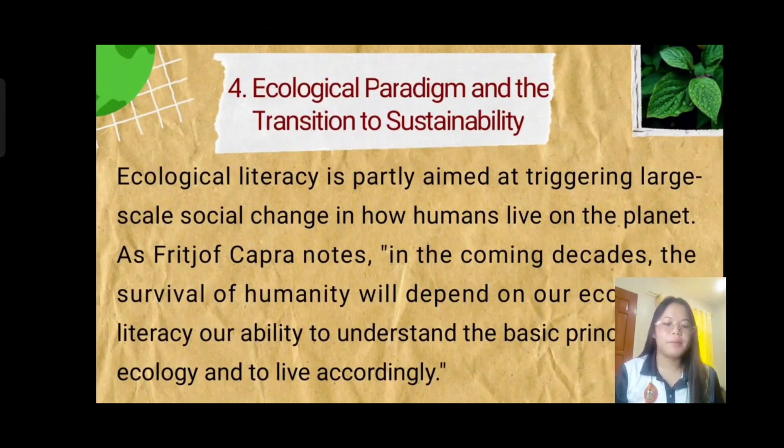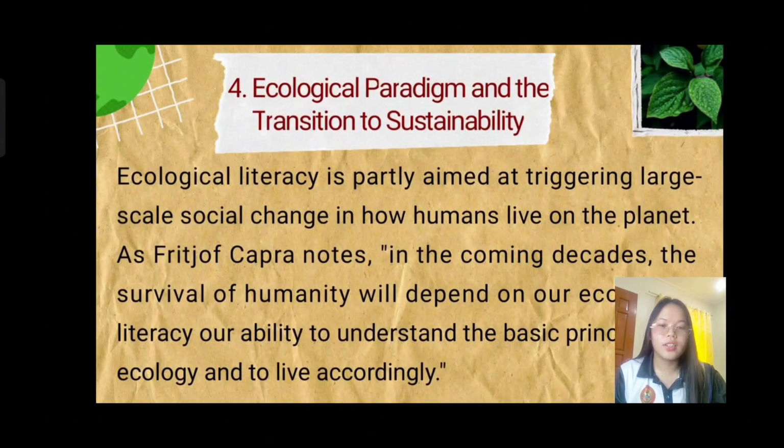So ecological paradigm and the transition to sustainability means that learning about how nature works can help us change how we live together on Earth. And Fritjof Capra, a thinker, says that in the next years, our ability to survive as people depends on our understanding of how nature works and adjusting our lives to fit in with it.